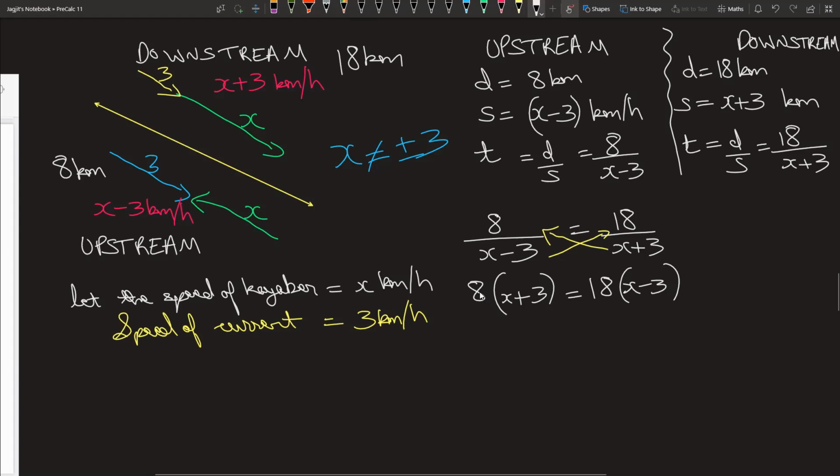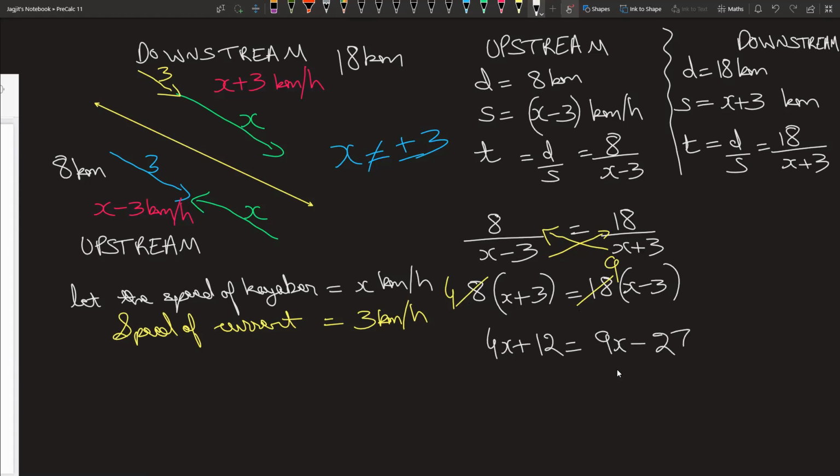Now guys, before you FOIL, you realize you can simplify 8 and 18, since both can be divided by 2. 8 divided by 2 gives you 4, and 18 divided by 2 gives you 9. So you have 4, FOIL it, 4X plus 12 is equal to 9X, and 9 times minus 3 is minus 27.